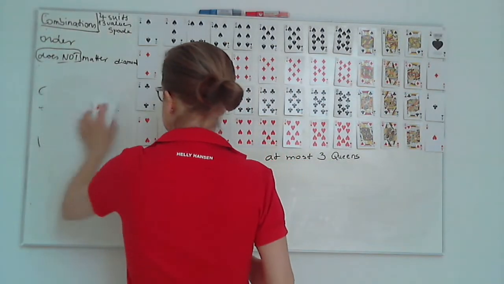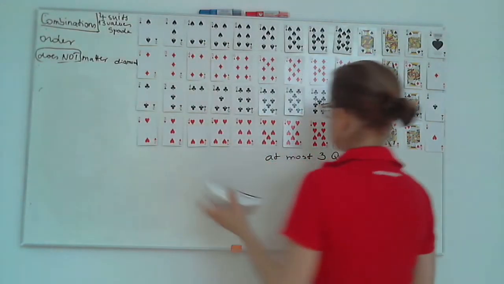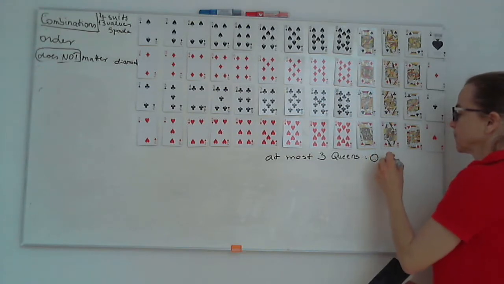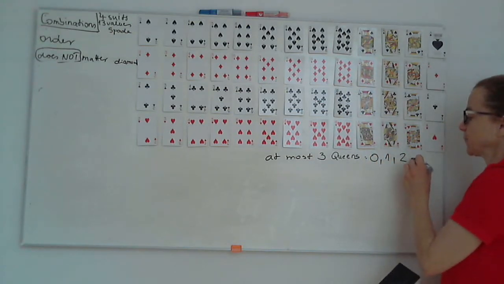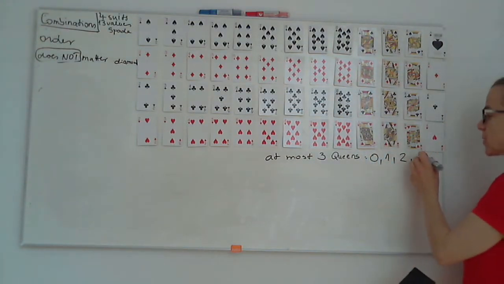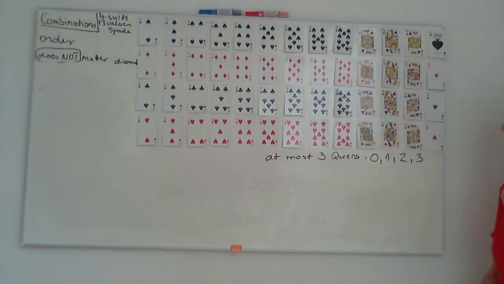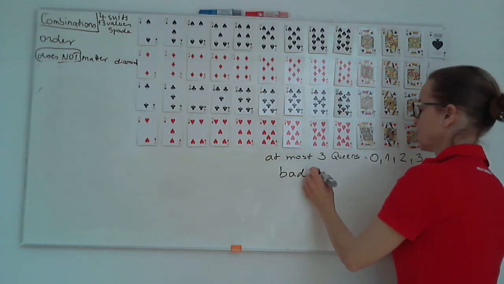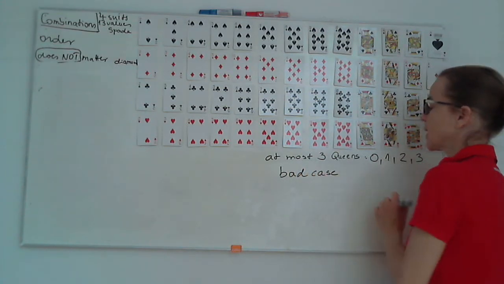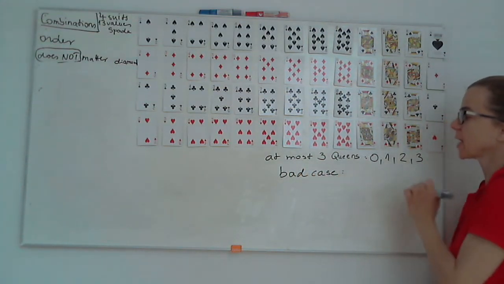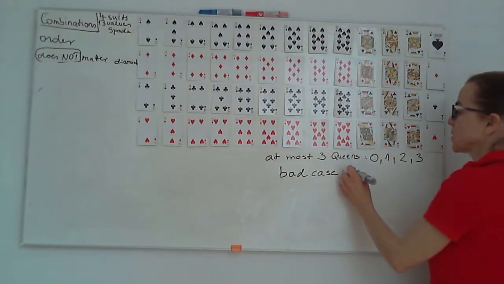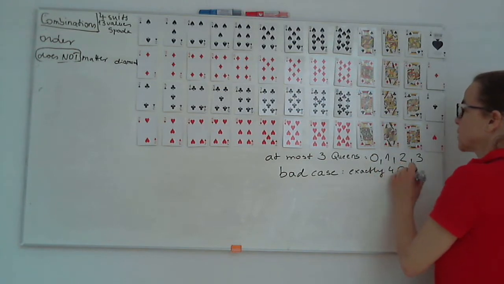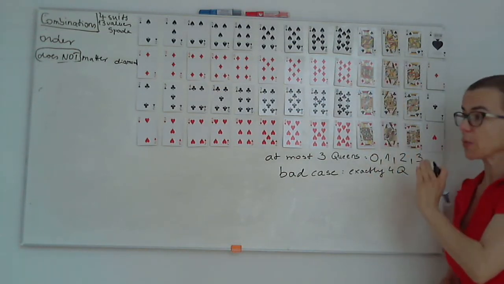The good cases involve no queens, 1 queen, 2 queens, or 3 queens. While the bad case looks more promising because the bad case is actually one single case when you have exactly 4 queens. Basically, you got all the queens.